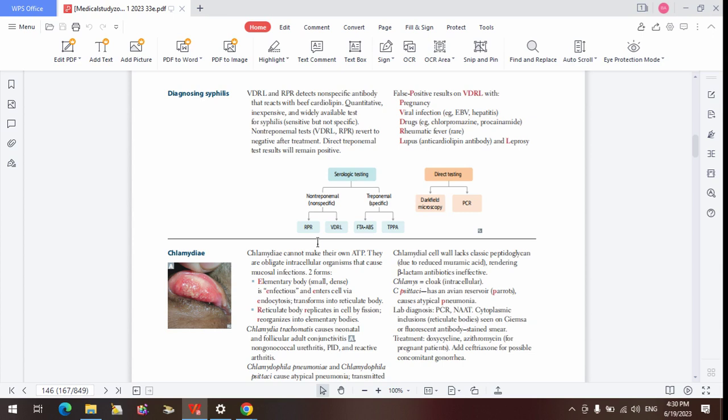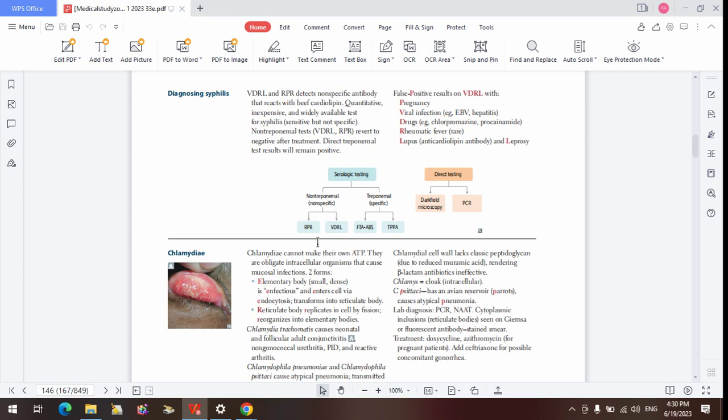Once you inoculate it with the serum of somebody that you believe is having syphilis, there's going to be a reaction. So that reaction is in form of flocculation. So there will be foaming. So what you do is that you get the beef cardiolipin, which is antigen. You get the serum of someone that has syphilis containing the anti-cardiolipin antibody.